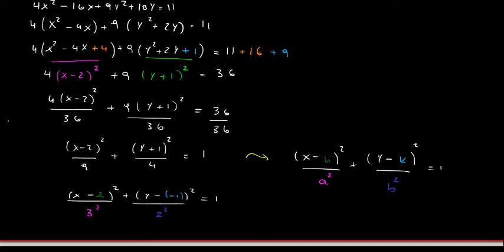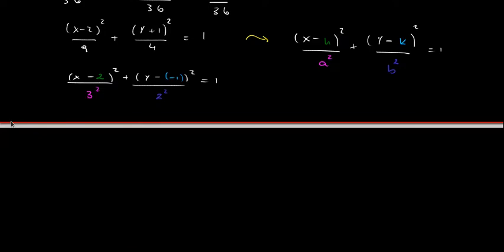Before plotting, I'm going to make a list of all the elements we have. We know that this equation is from an ellipse. It has its center in (h, k), so this is (2, -1).